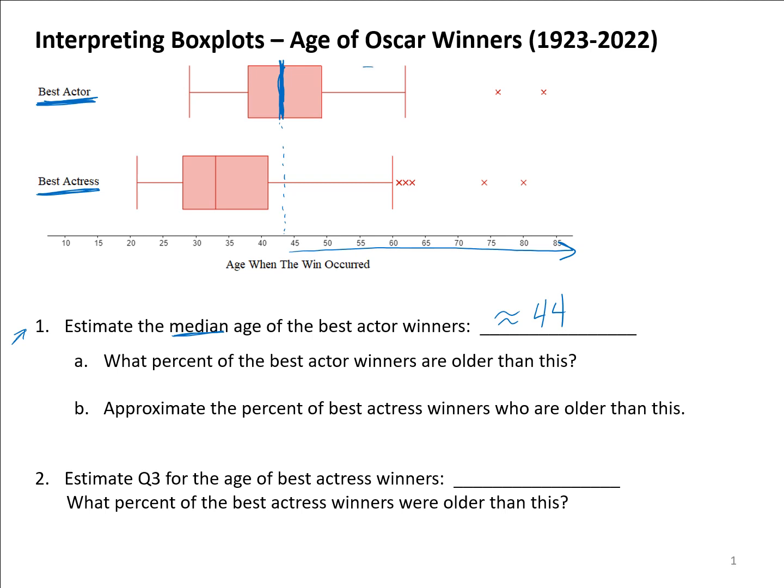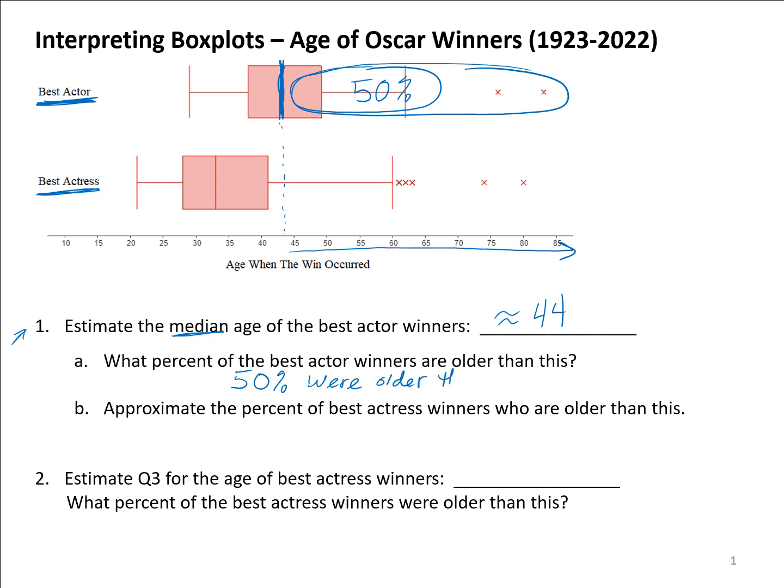So what we have in the upper half above the median is the upper 50% of the data. So that means 50% of the actors who won Oscars were older than 44. So remember, the box plot is all about quarters because it's based on the 5-number summary.